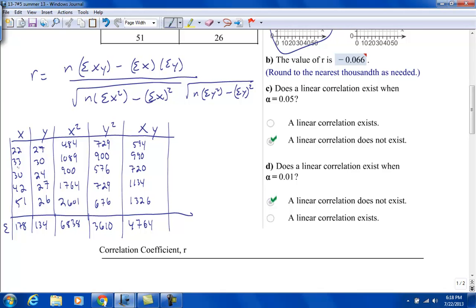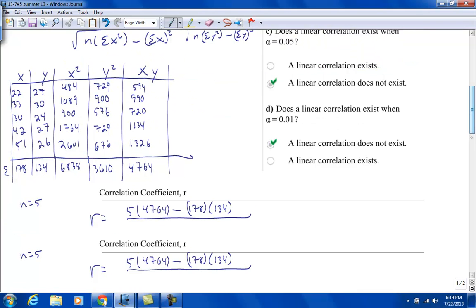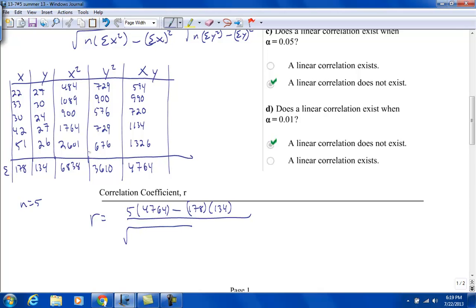We have 5 pairs of data, so n is 5. r equals 5 times the sum of xy, which is 4764, minus the sum of the x's, 178, times the sum of the y's, 134, over the square root of n, which is 5, times the sum of the x squareds, 6838, minus the sum of x's squared, then the square root of, again, n, which is 5, times the sum of the y squareds, 3610, minus the sum of y, 134, squared.